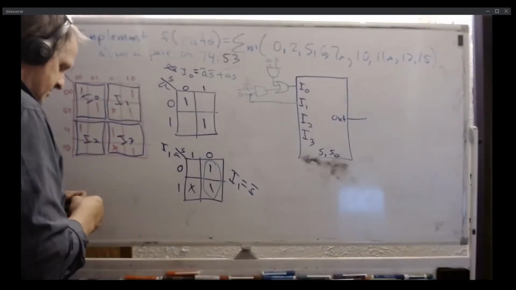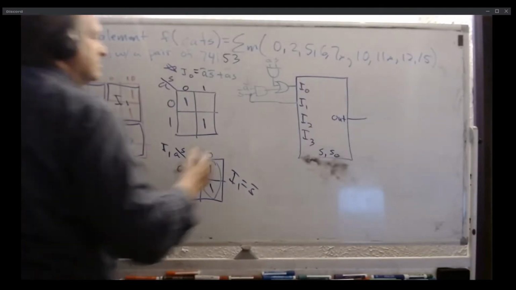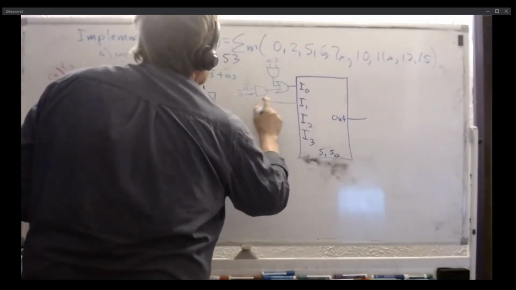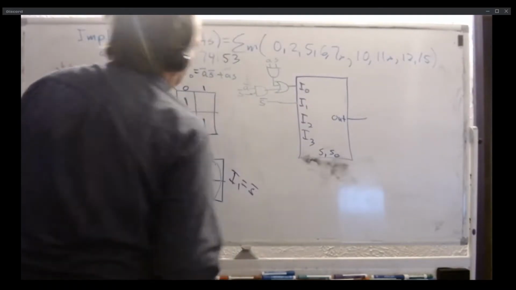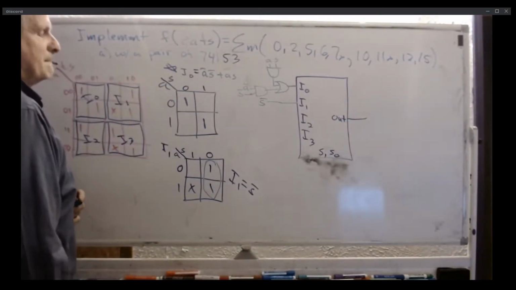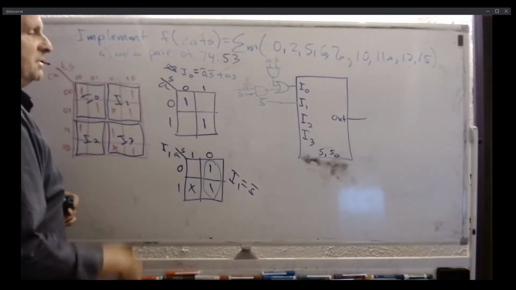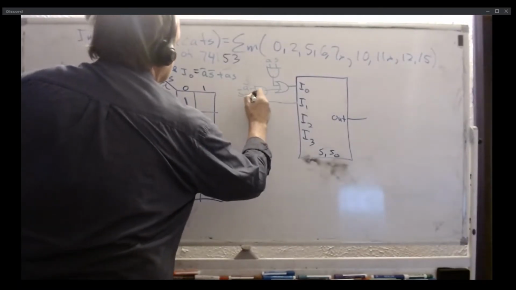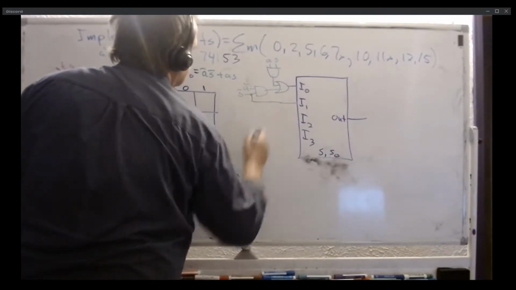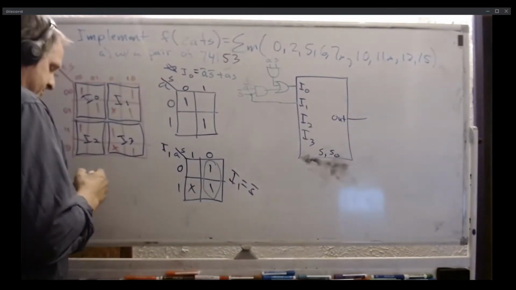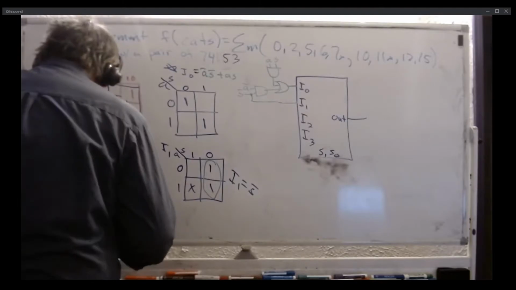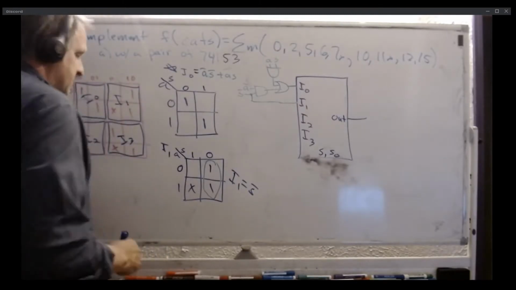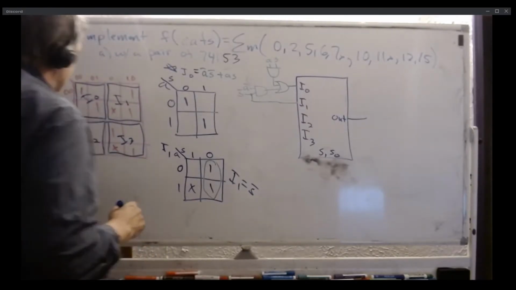Could we still just draw it as a line to S naught, or do you want us to connect it like that? I don't care how you do it. Either way is acceptable. Okay, but if you were going to wire this thing up, wouldn't you do this? Yeah. So, anyway. All right. Ready for I2, guys?